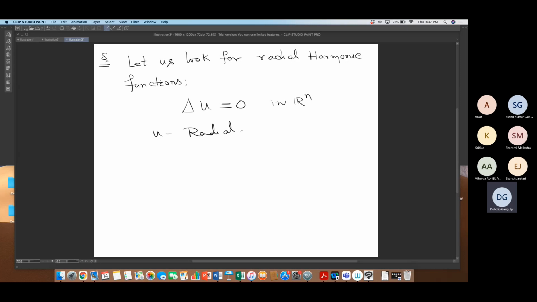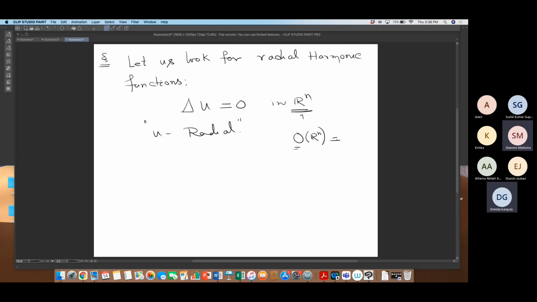So why can I consider a radial function? Can anyone tell me? Why can I seek a radial solution? Rn has a rotational symmetry. Yes or no? It's symmetric, right? What is O of Rn? The orthogonal transformation.